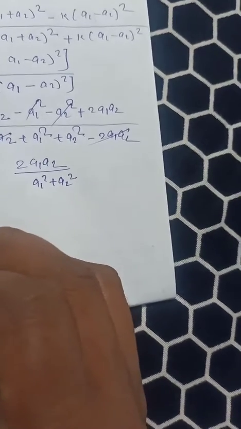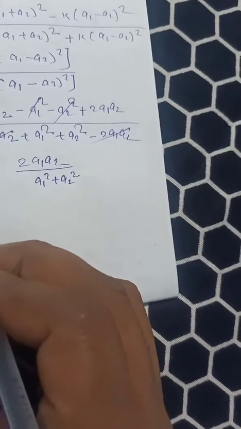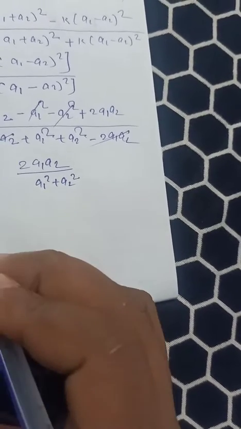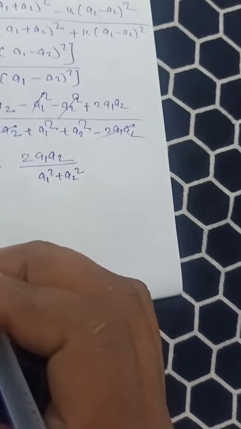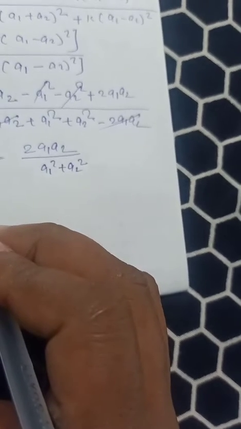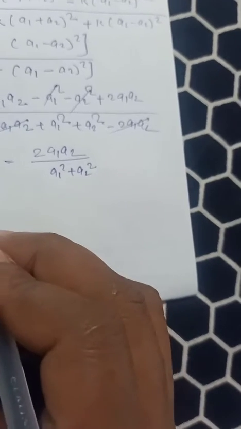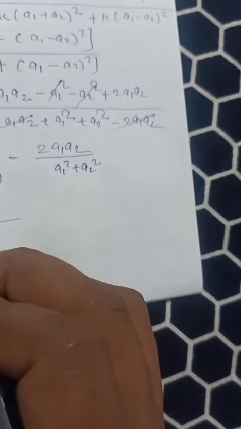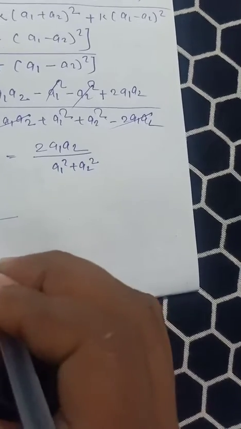Now dividing by A2 square on both sides, we get 2A1A2 divided by A2 square over (A1 square plus A2 square) divided by A2 square.